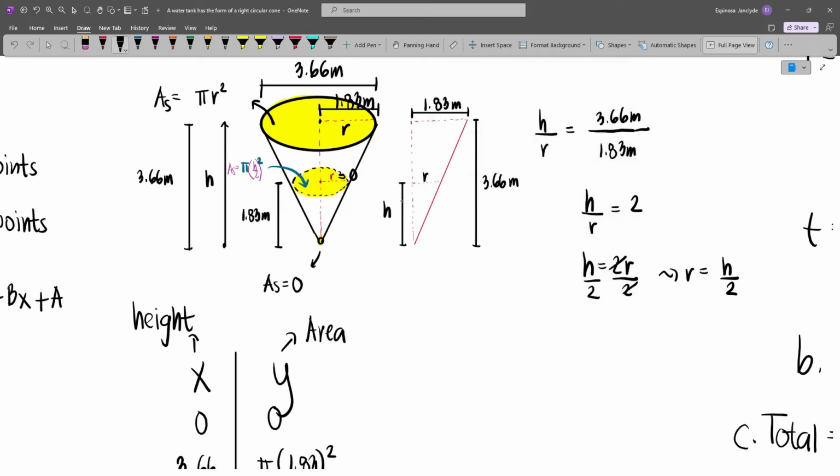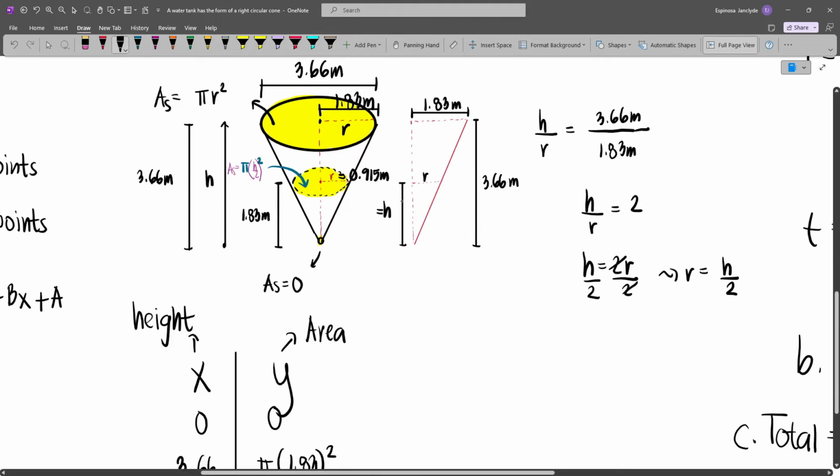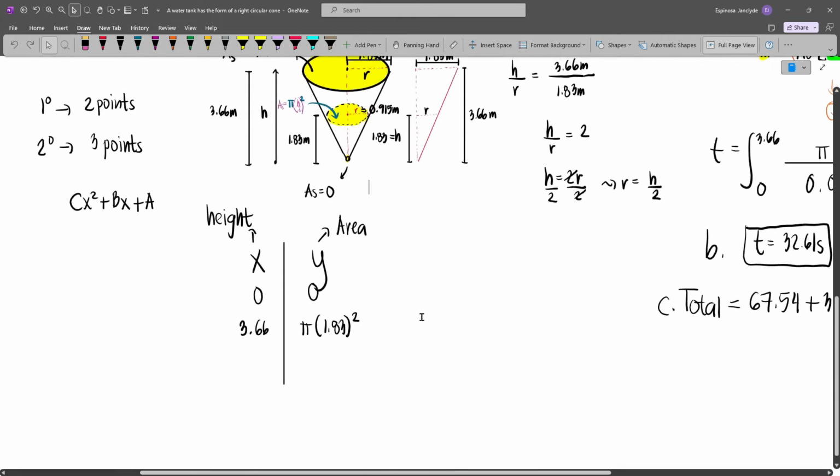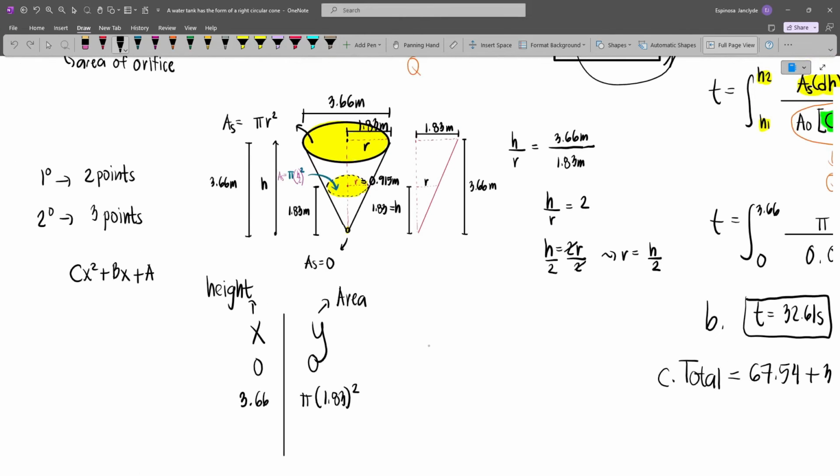So this is 0.915 meters. But if you have trust issues, you can just use this triangle and change h into 1.83 and then you will get your r. Essentially, the value you get is the same. And so for the third point, we have h equals 1.83 and our area will be pi times the radius, which is 0.915, squared.